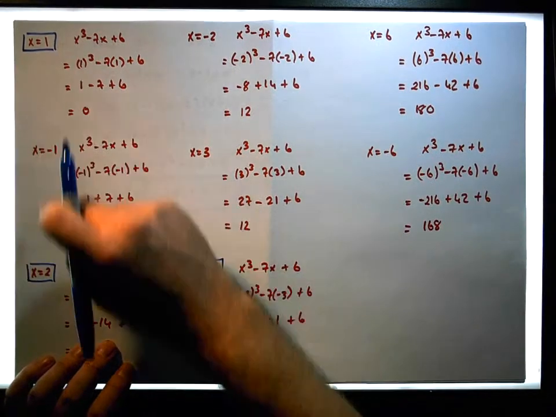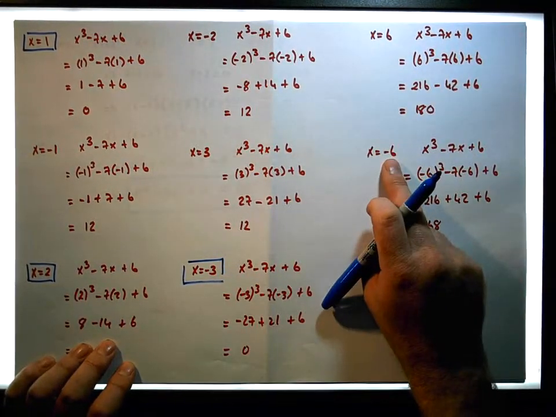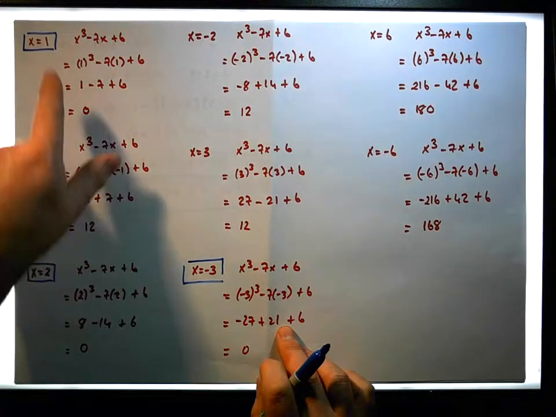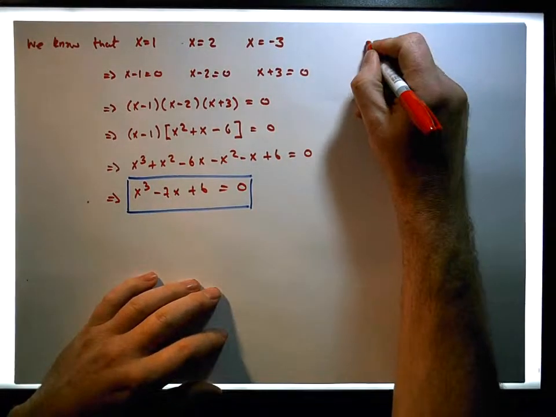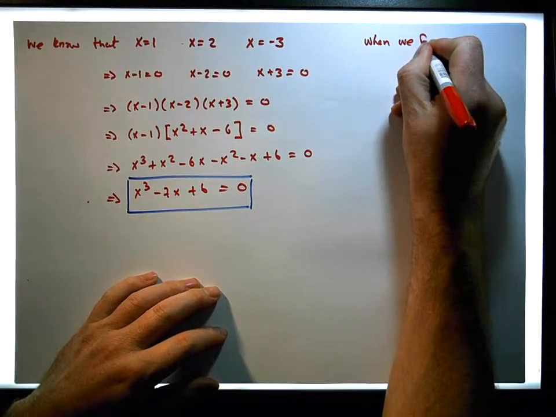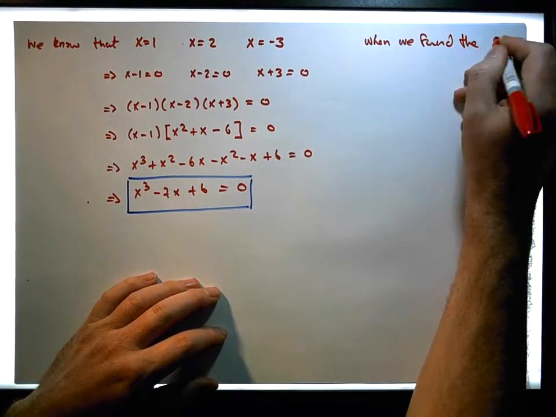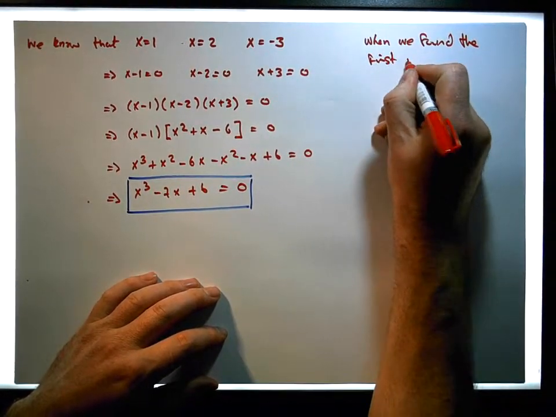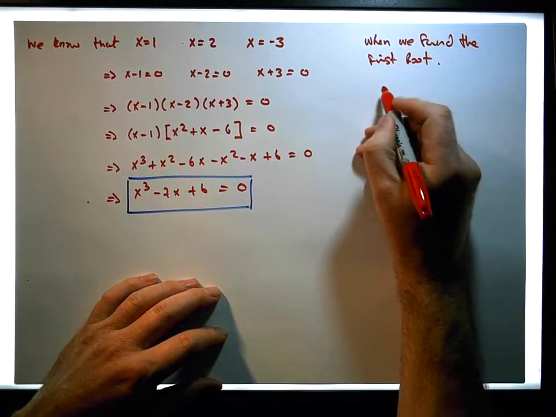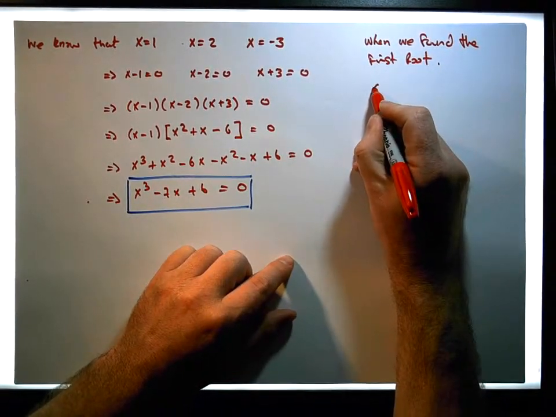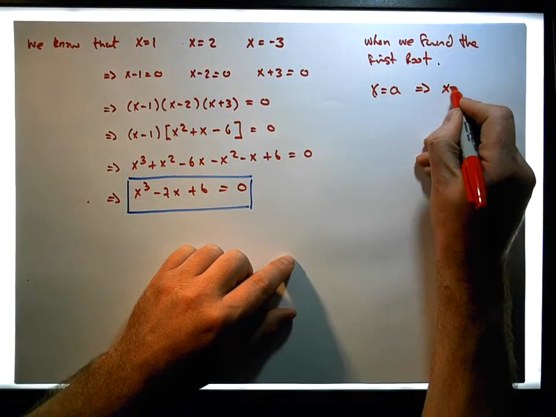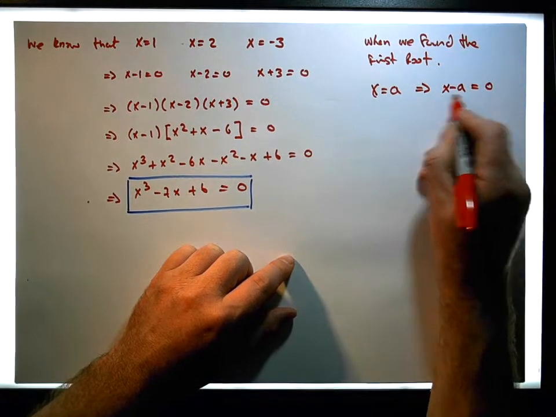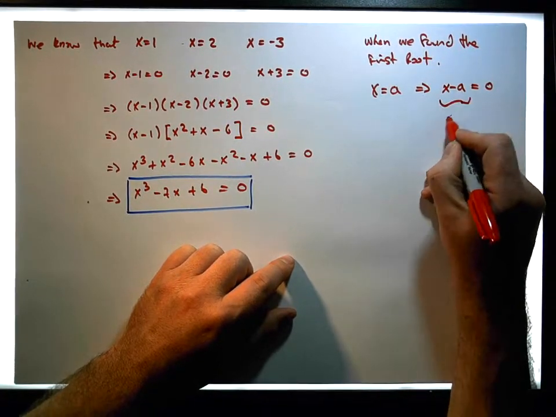But we didn't need to do all of this process. When we find the first root, let's say the first root was x is equal to a, then this implies that x minus a is equal to 0, so this is a factor.